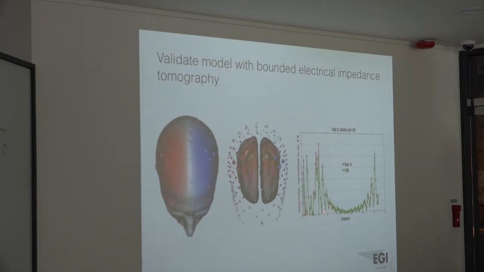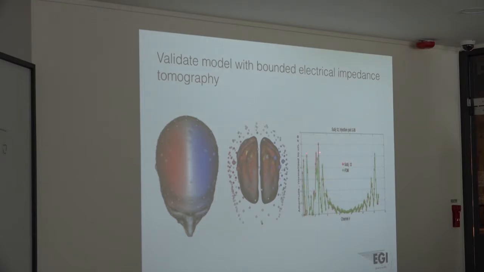Okay? And then we plot the voltage. So here's channel 1 through, let's just say, 256. And then we inject current through these, and we measure the voltage at all these other ones. And that's the real data, in red.